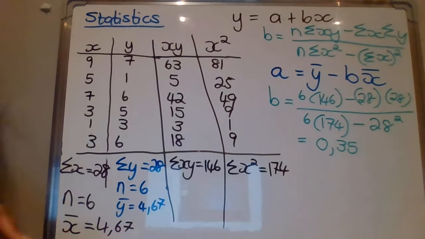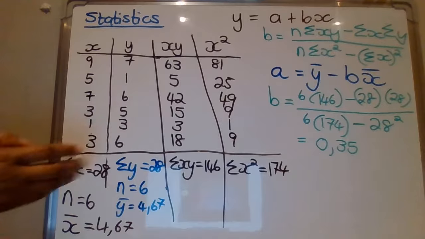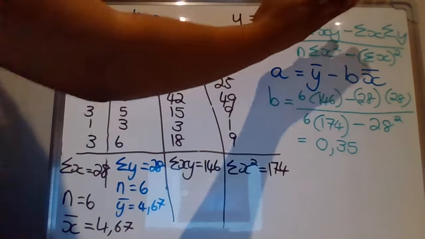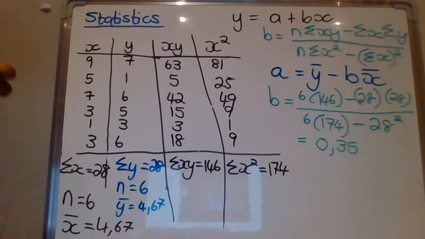And it makes sense for my slope to be positive. Remember when I was drawing it, it was upward sloping like that. On my scatter plot, it looks like my line is actually going up. So it's a positive slope.